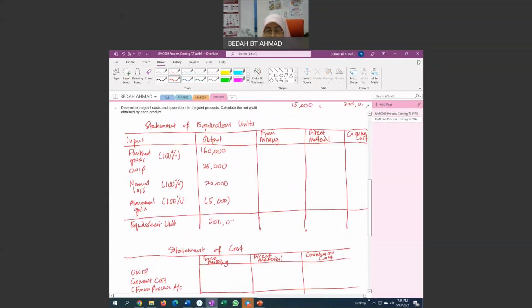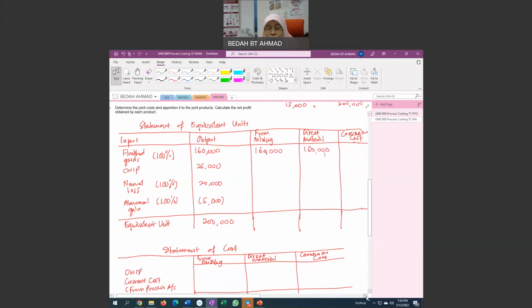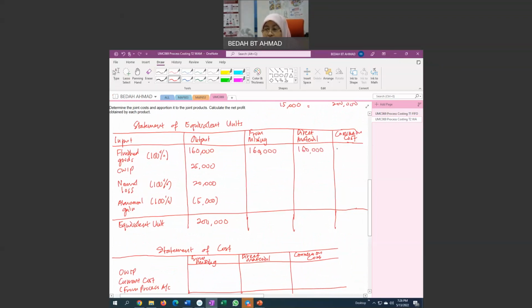Equivalent unit to the output is 200,000. Okay, from mixing, considered as 100%, so 160,000 completion. Direct material also is 160,000 completion, and the conversion cost is also 160,000 completion. For the normal loss, also considered as 100% completion, 20,000.